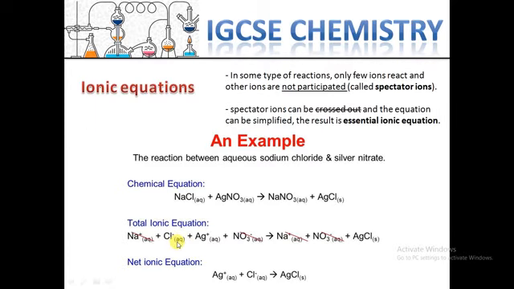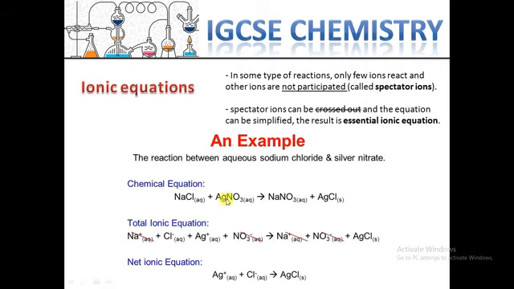This is based on your knowledge from the previous session. And also Ag, silver, can be separated from the nitrate, because it's a cation and it's a metal.